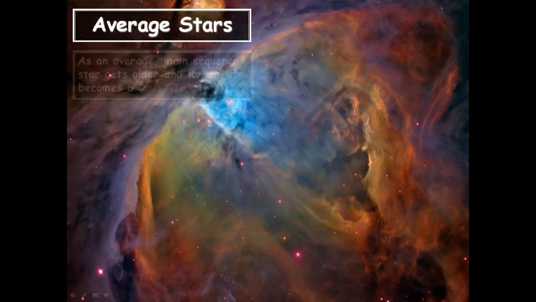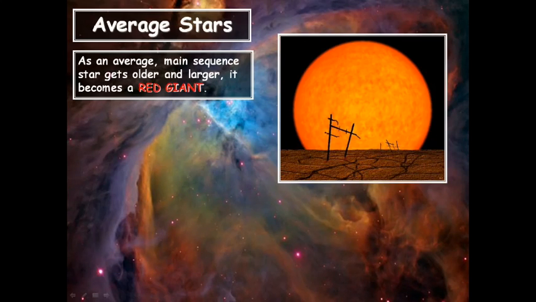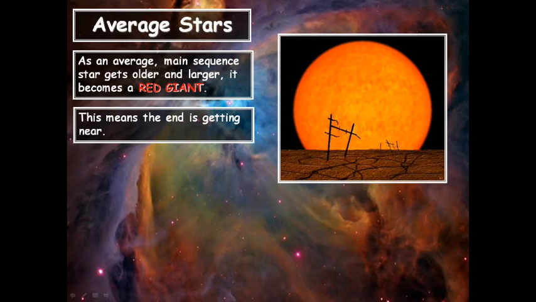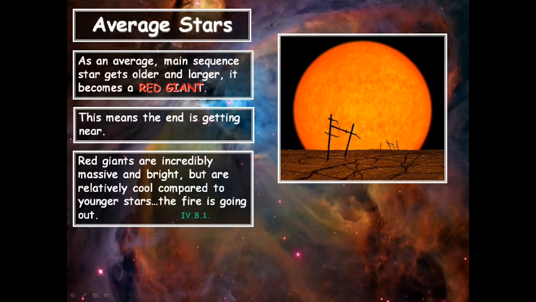So an average star, when it gets really old, becomes a red giant. Red giants, basically you take an average star, and it just keeps getting bigger and bigger. The entire outer part of the star is growing larger and larger. It's cooling off, but the actual star is getting larger.